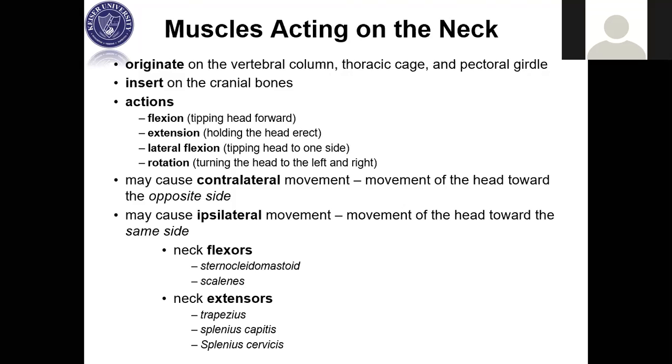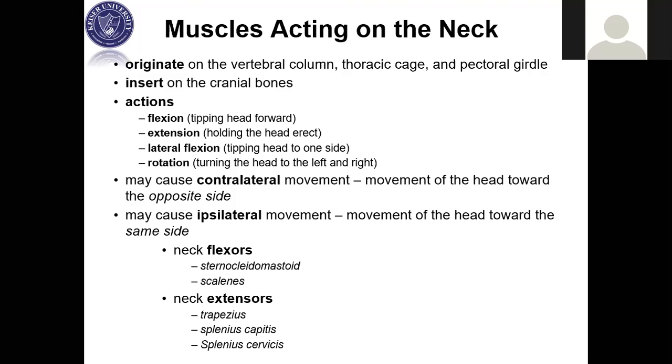So let's go over the terminology again. A movement that is contralateral is movement of the head towards the opposite side. All right? A contralateral movement is moving to the opposite side. This is what it means.